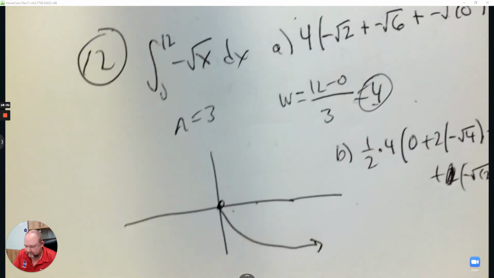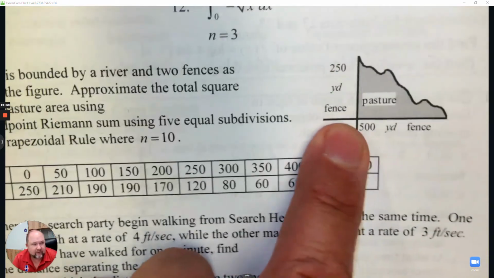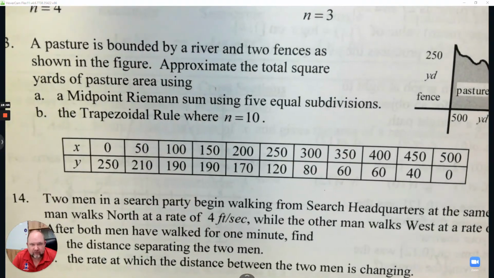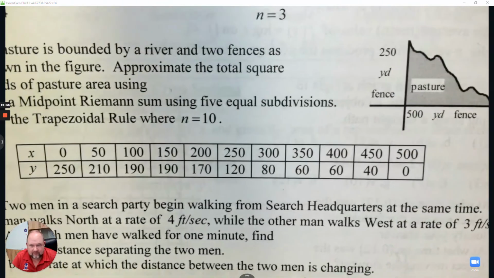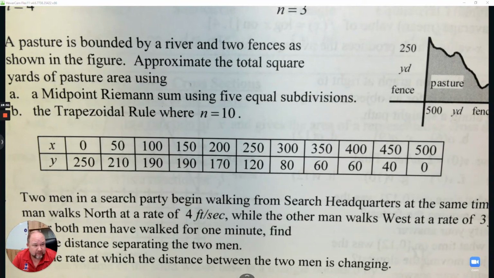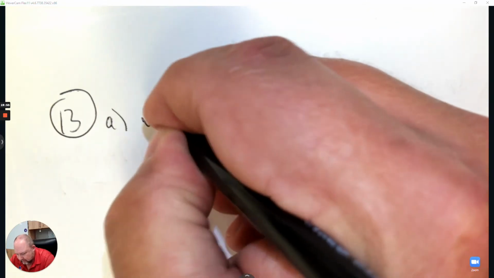Number 13. A pasture is bounded by a river and 2 fences, as shown in the picture here. Approximate the total area of the pasture using a midpoint Riemann sum, using 5 equal subdivisions, and then the trapezoidal rule. So for part A, step 1 is to find the width.